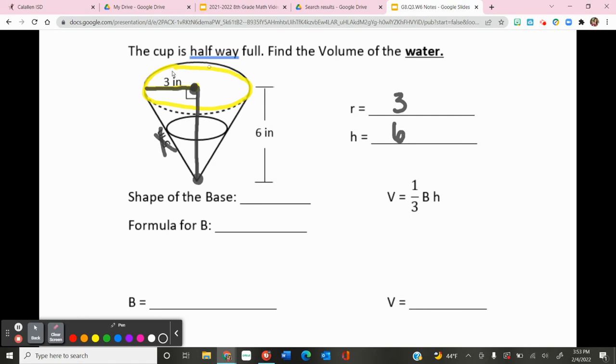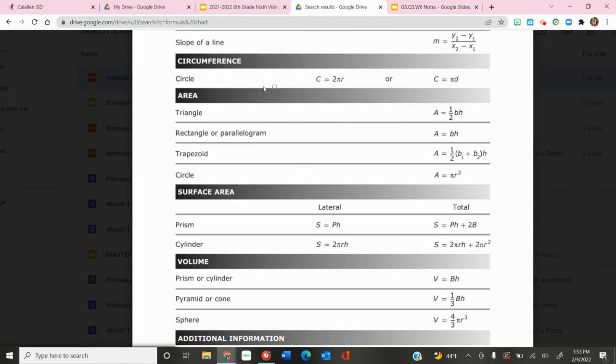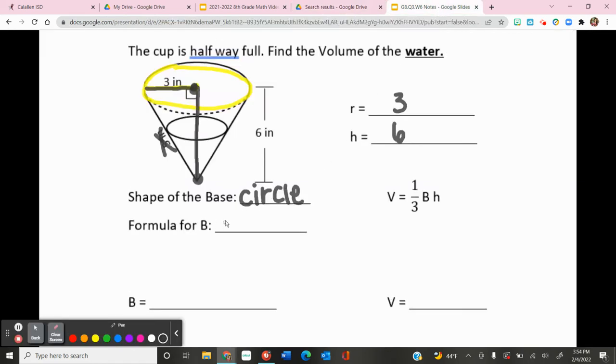Now again, the shape of the base of a cone is a circle. And we want to know, what is the formula for area of a circle? So going to our formula chart, the formula for area of a circle is area equals pi times r squared. So now we're going to find the area for this circle, which will be pi times 3 squared.